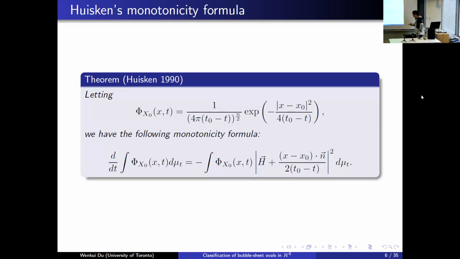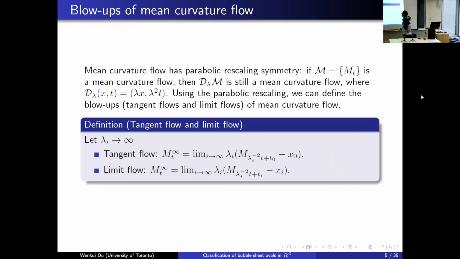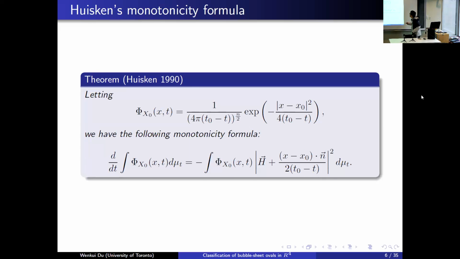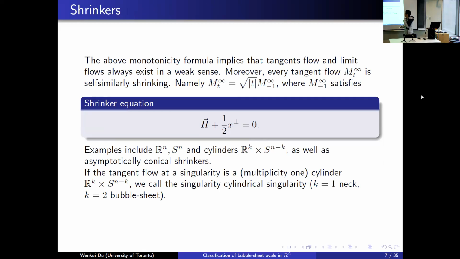If this quantity vanishes, there are examples like the shrinking cylinders and shrinking spheres. Using Huisken's monotonicity formula, one can show that the tangent flows and the limit flows always exist in the weak sense.